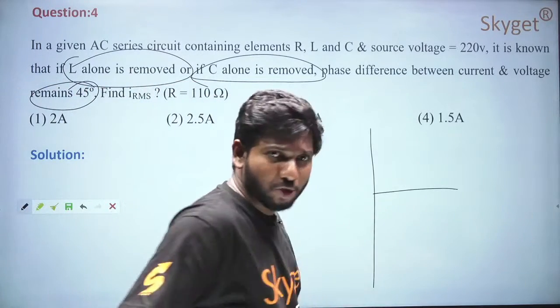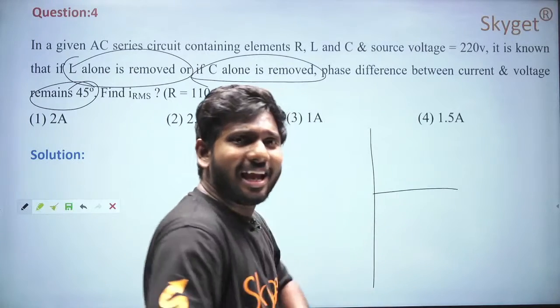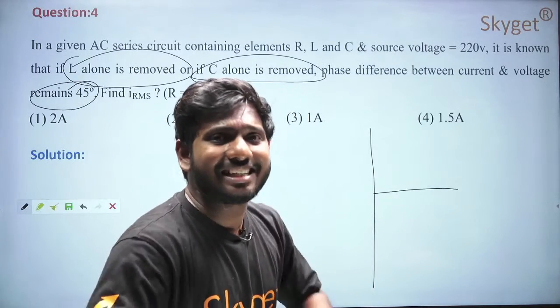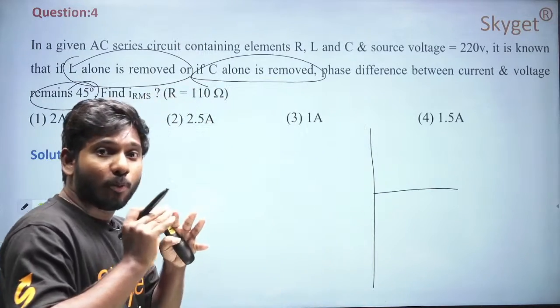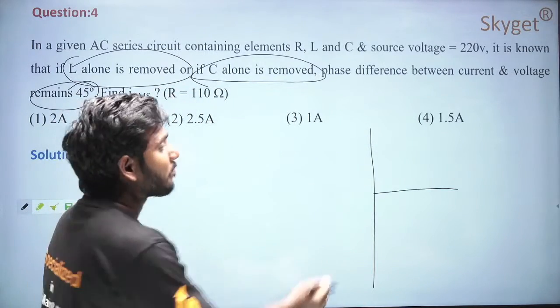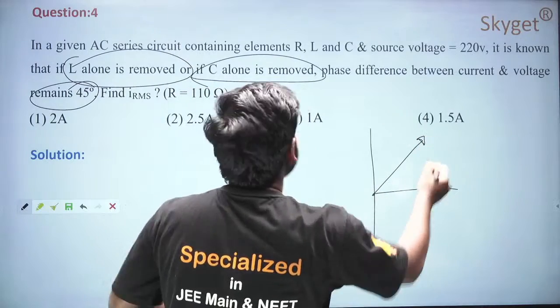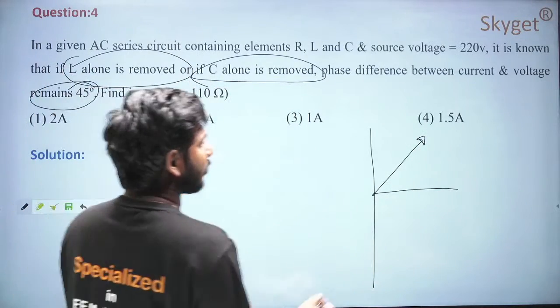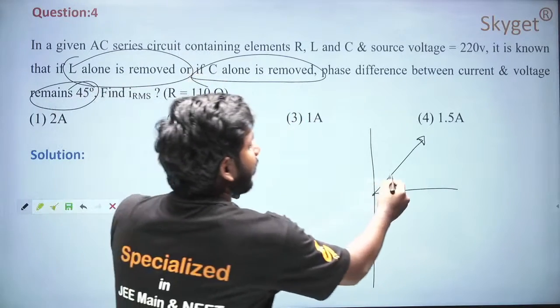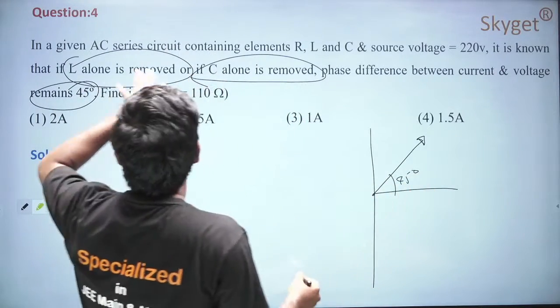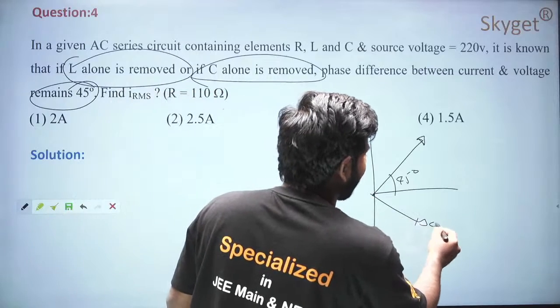You know AC circuits, students: in an inductor current lags, in a capacitor current leads. So what we can say is, if either one is removed, if L is removed or C is removed, the phase difference is 45.